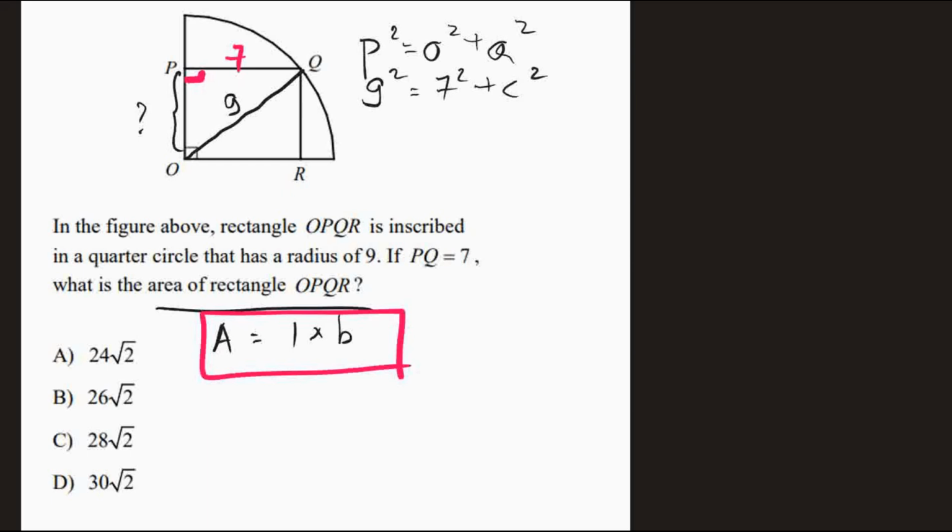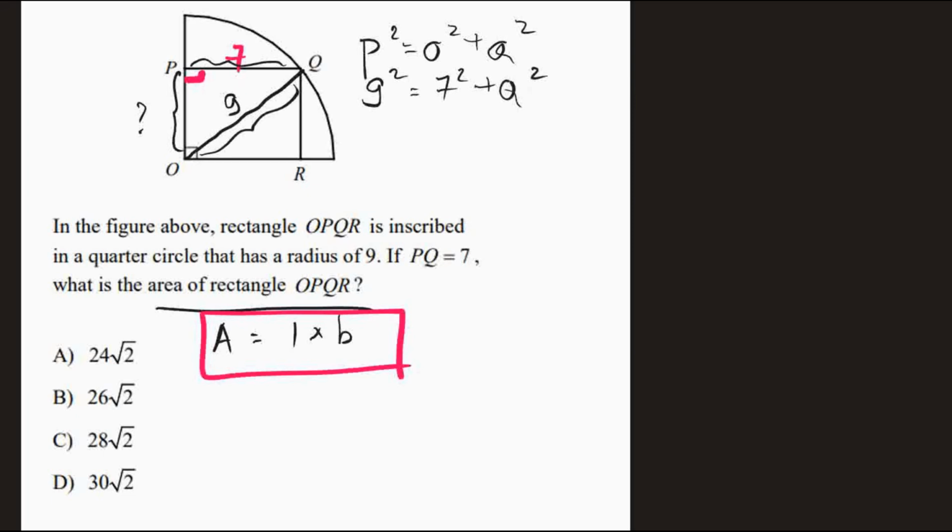So now we have O is this side, and then P is this side. P is this side. O is this side.